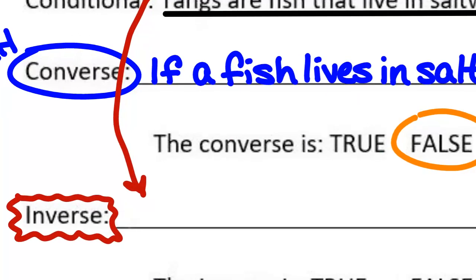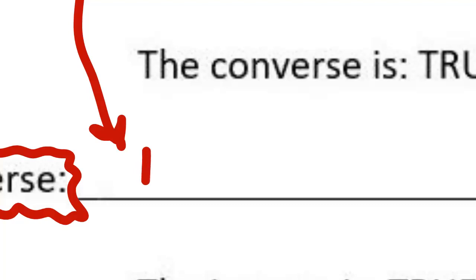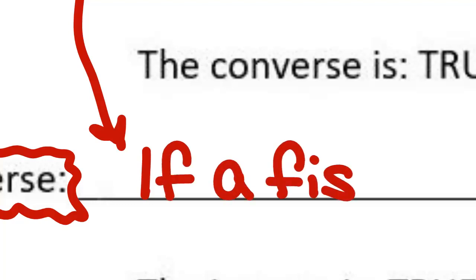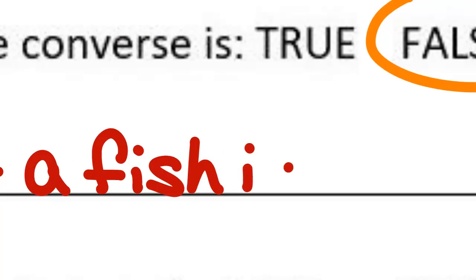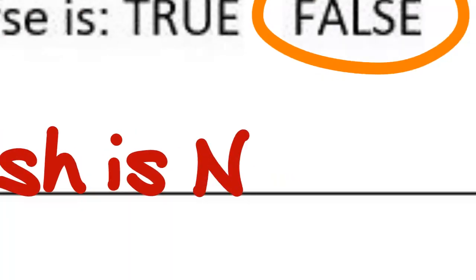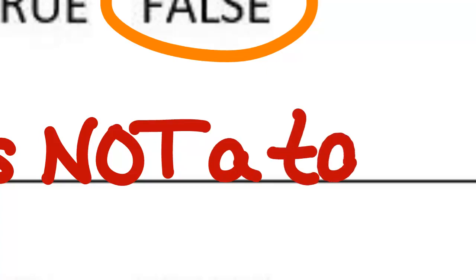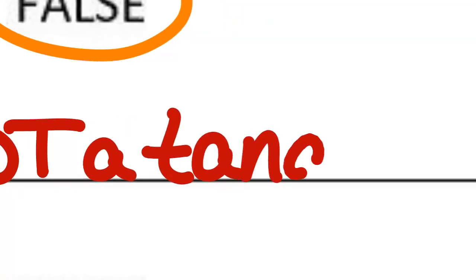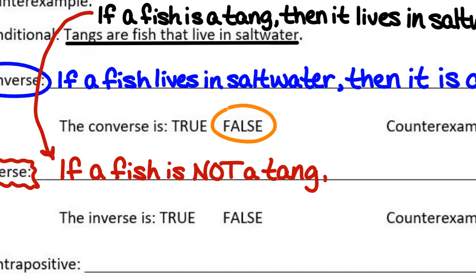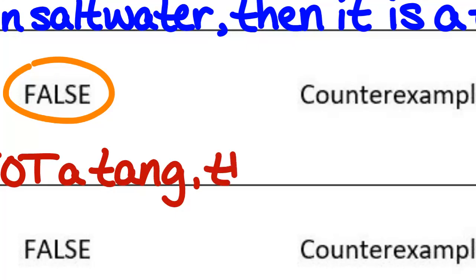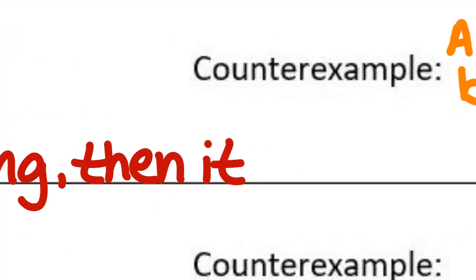Instead of if a fish is a tang, if a fish is not a tang. All right, if a fish is not a tang, then what? Yep. Then it does not live in salt water.